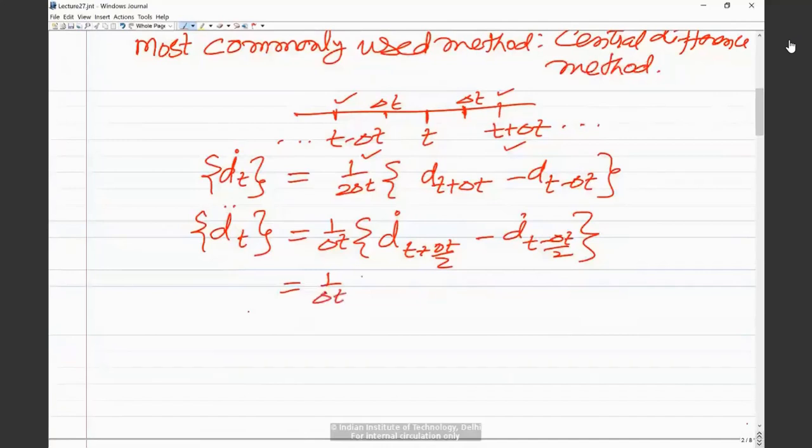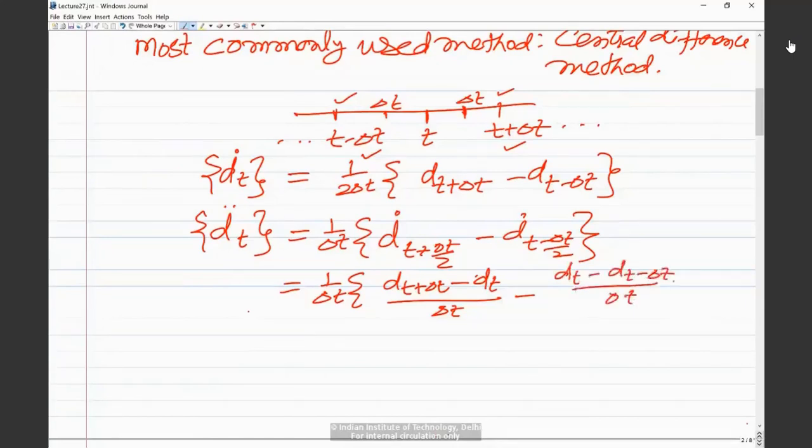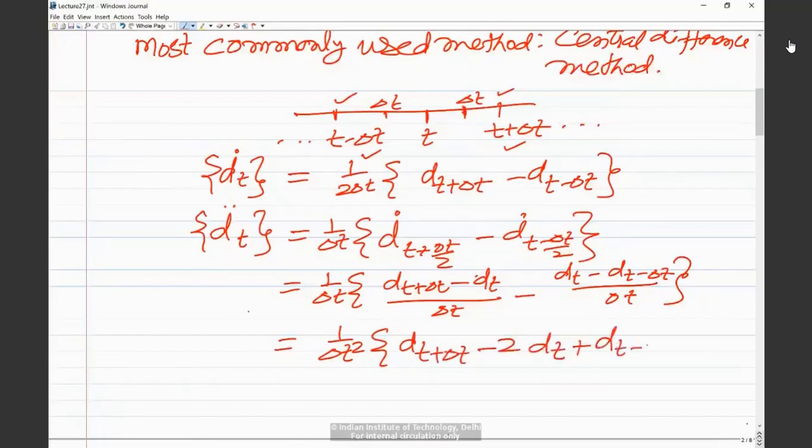So that is 1 upon delta t, and d dot at t plus delta t is d at t plus delta t minus d at t divided by delta t, and minus similarly d at t minus d at t minus delta t divided by delta t. So you can write this as 1 upon delta t square, and then d at t plus delta t minus 2 d at t plus d at t minus delta t. This is what you get as d double dot at t.